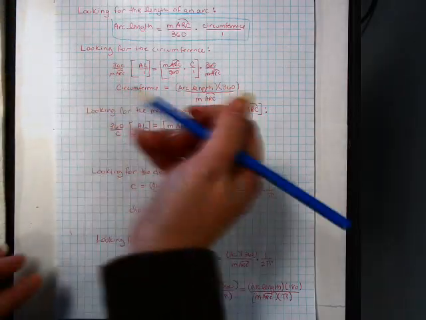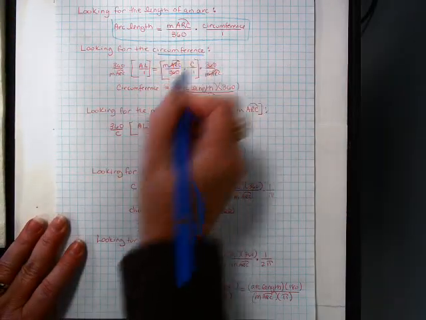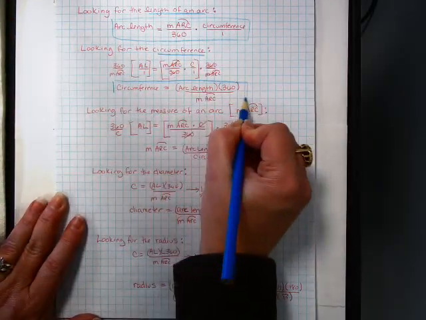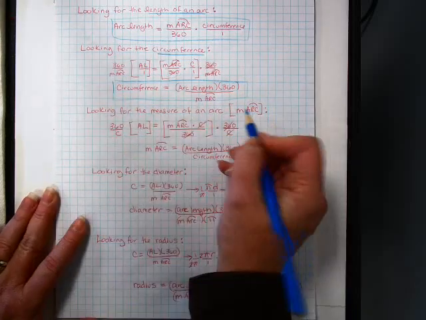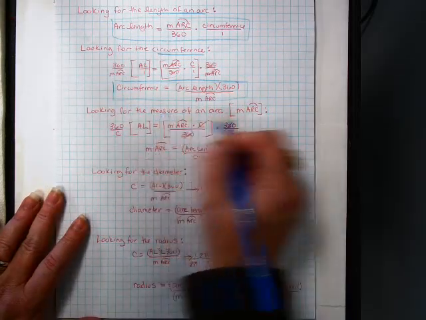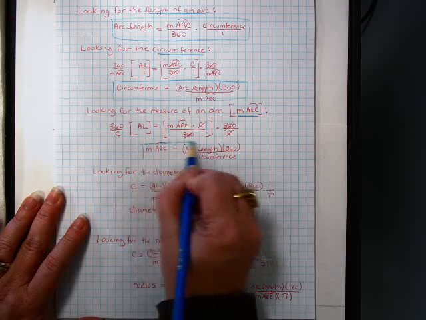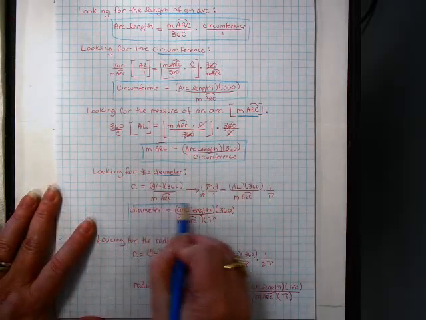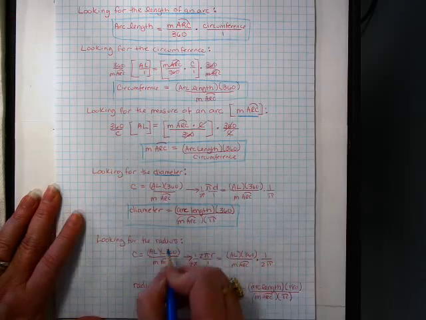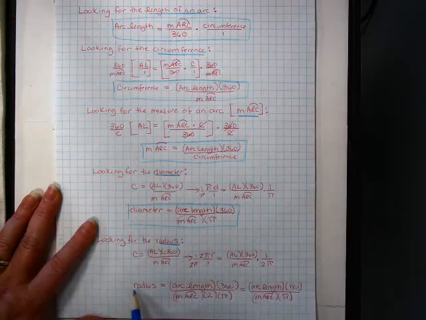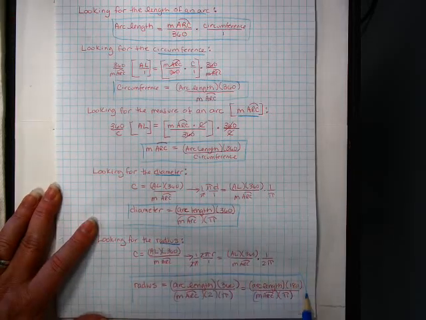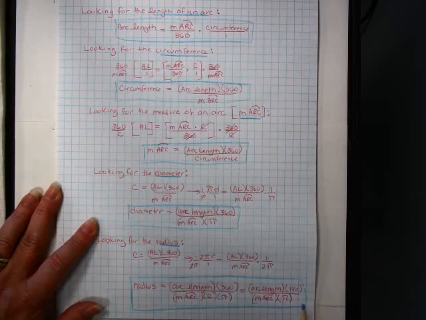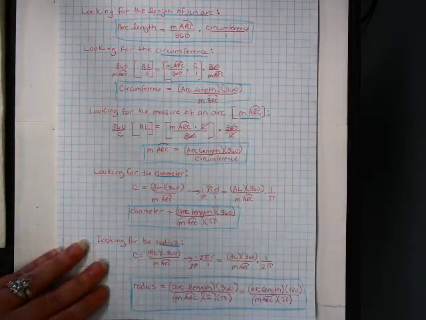When I'm looking for the circumference, here's my equation. When I'm looking for the measure of the arc, here's my equation. When I'm looking for the diameter, here's my equation. When I'm looking for the radius, you can use either one of those equations here. Okay, there you go.